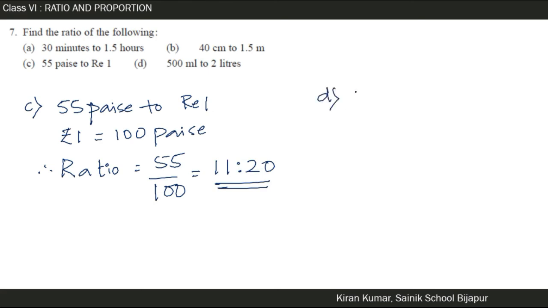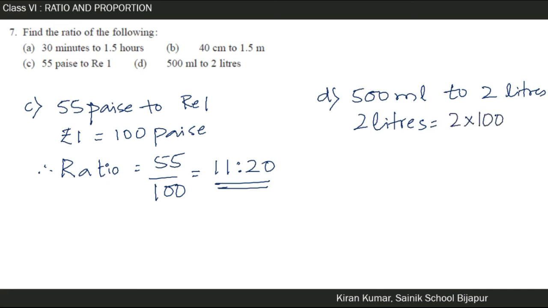Fourth one is 500 milliliter to 2 liters. So 2 liters I'll convert in milliliters. 2 liters will be 2 times 100 milliliters. Sorry, 1000 milliliters. We get it as 2000 milliliters.